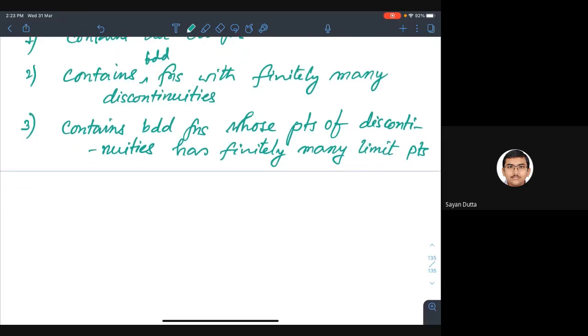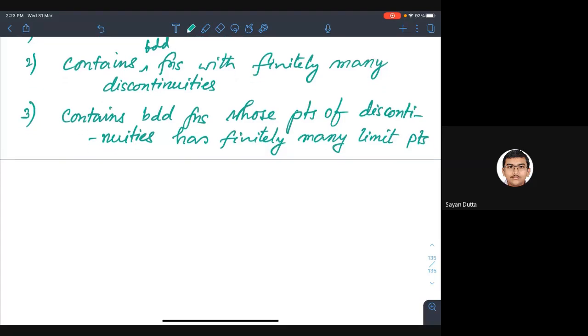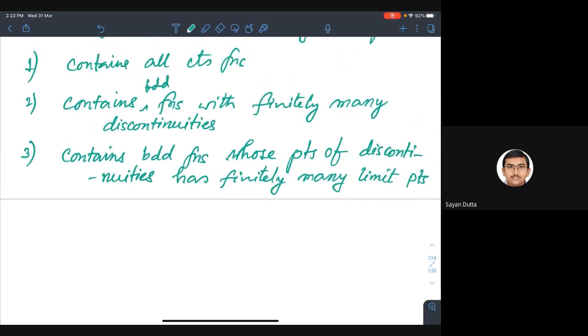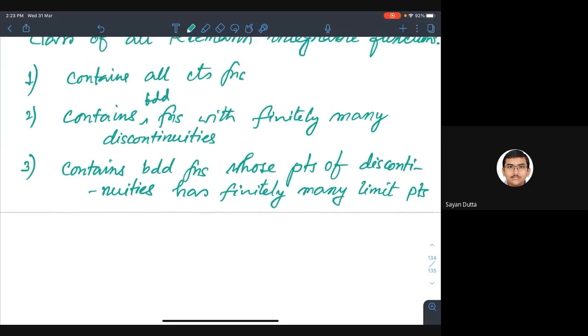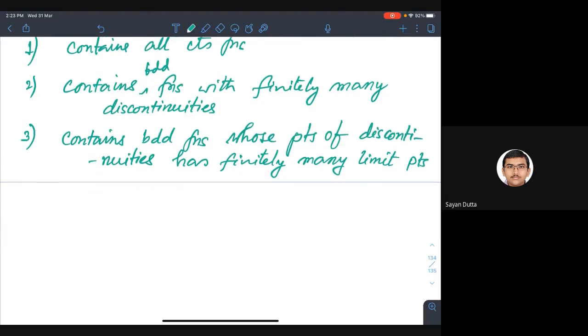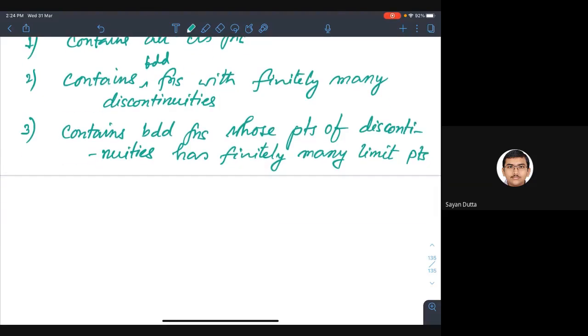So is the last third part clear? The proof is the same as the previous, the second one. So is the third part clear?